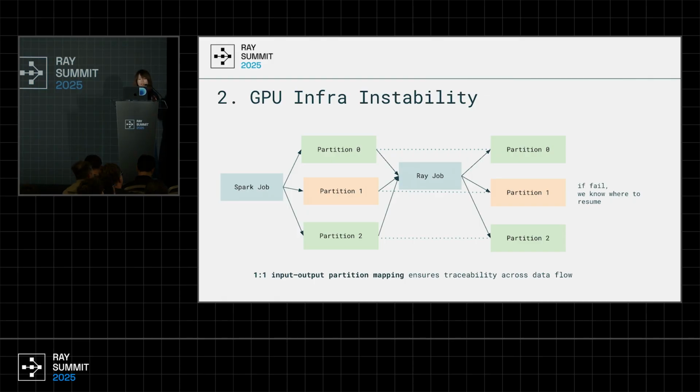So this nice one-to-one mapping enables us to do traceability across our data flow. And if they fail, we know where to resume. It also helps us reduce the repartition work and the shuffling work. It actually largely reduces the latency of our end-to-end data curation pipeline.